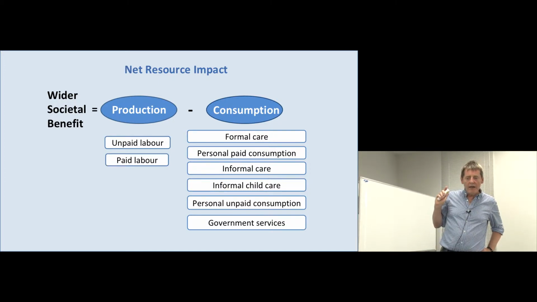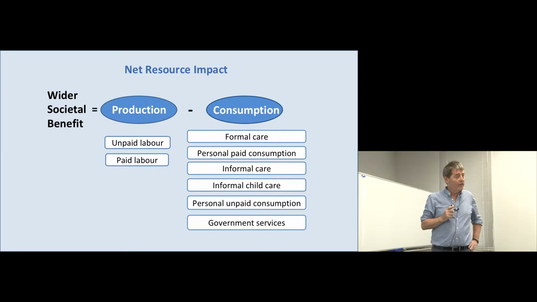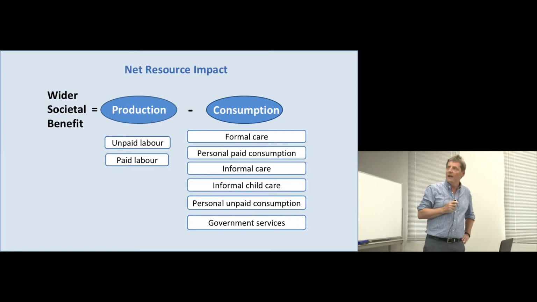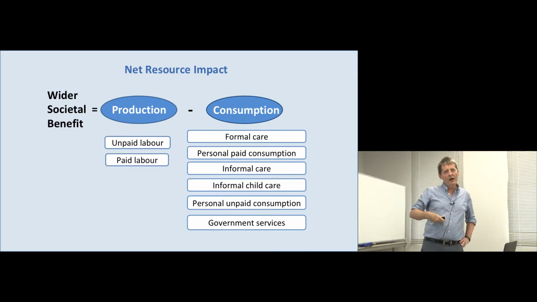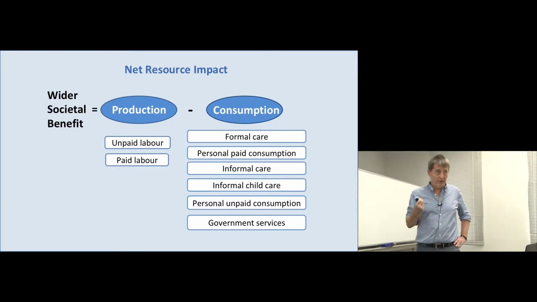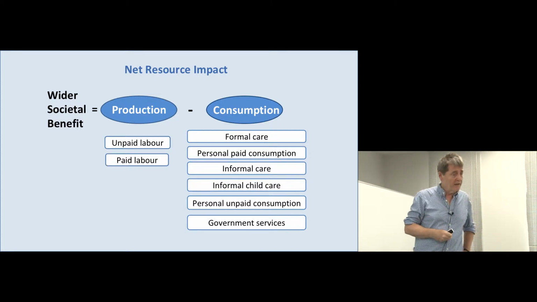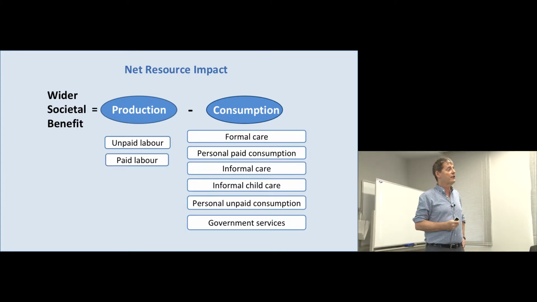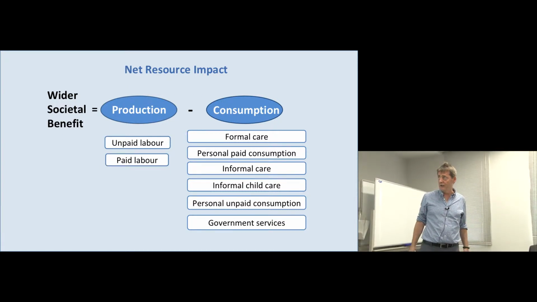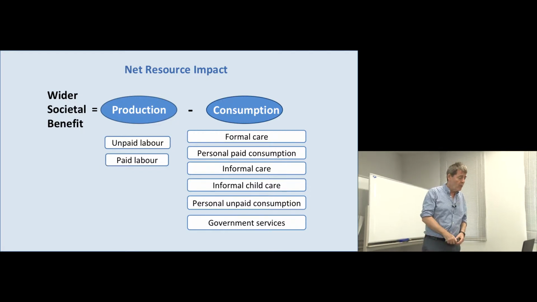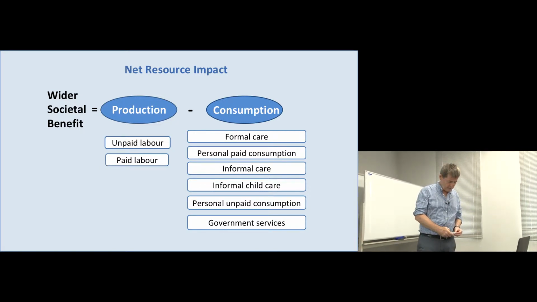A couple of years ago, Department of Health in England came up with a proposal to measure the wider societal benefit. So, Department of Health are big supporters of cost per QALY, but there's a recognition that maybe the QALY is only capturing some part of the benefit of healthcare interventions, and there are wider societal benefits.